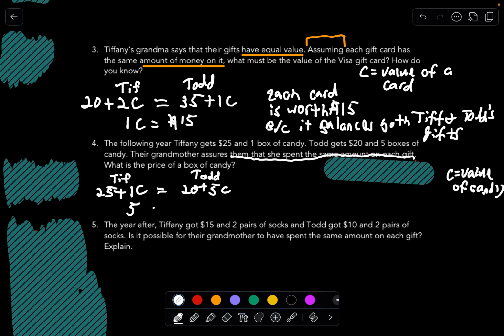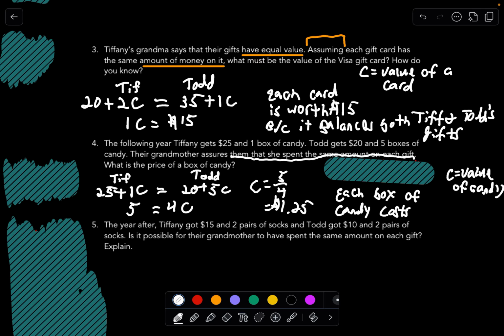So that tells you 5 must equal 4C. So C would just be 5 divided by 4, which is 1.25. So each box of candy costs $1.25.